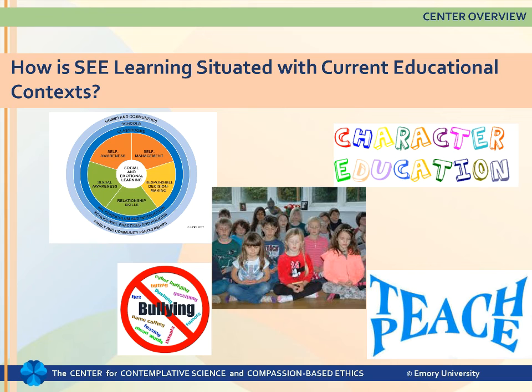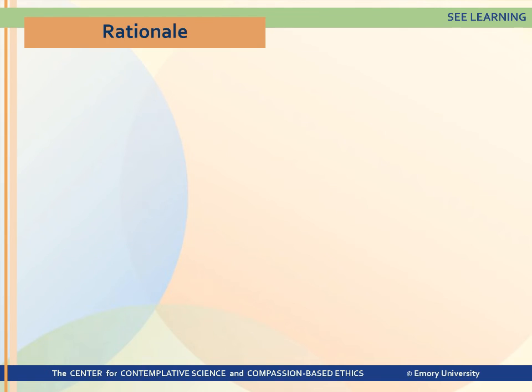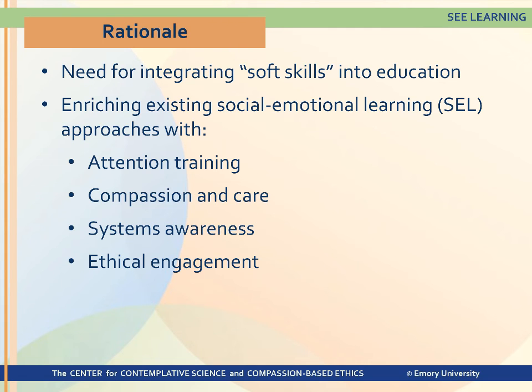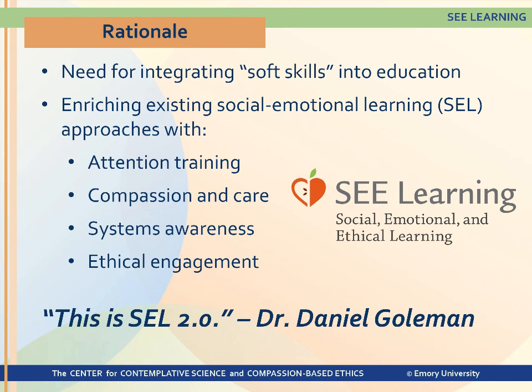It doesn't seek to replace these programs, but to complement them by bringing together the best practices currently available in a comprehensive framework. What C Learning does is seek to enrich existing social and emotional approaches in 4 areas with attention training, compassion and care, systems awareness, and ethical engagement. C Learning has been called SEL 2.0 by Dr. Daniel Goleman.